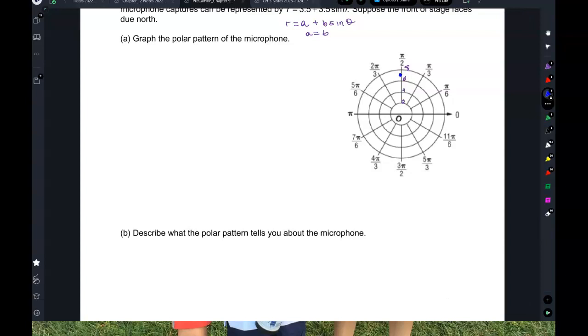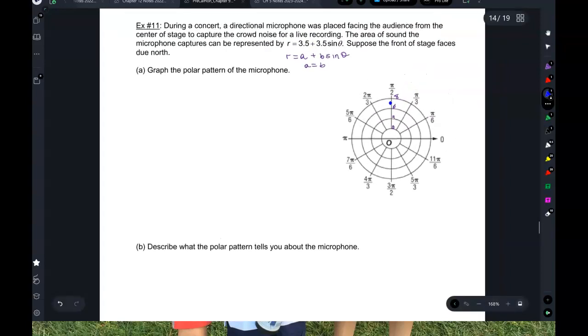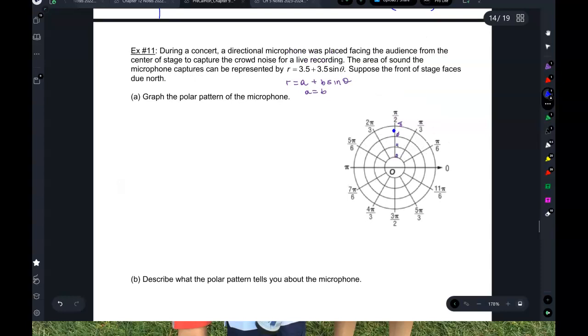So when we graph this one, when theta equals 0, how much is this? 3.5. It's over there. And it's going to be symmetric, right? So on this side, too, it's going to be 3.5, somewhere around there. And this is a cardioid, so we can have it go like this.